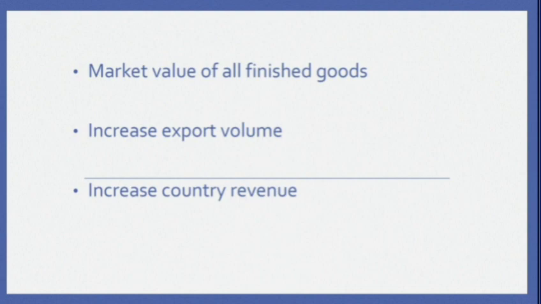If the product value is increasing, the export volume is also increasing, and it also relates to the third point, which is increased country revenue. When the items or goods are increasing in value, export volume is increased. When export volume is increased, country revenue will also increase.